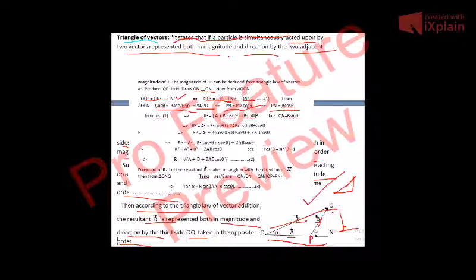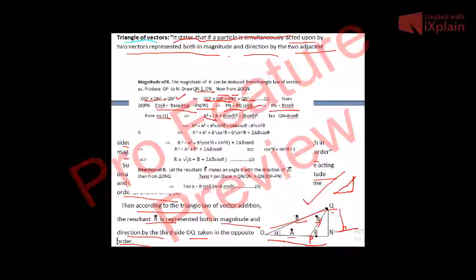Now from equation first, we substitute the values of OQ, OP, PN and QN.